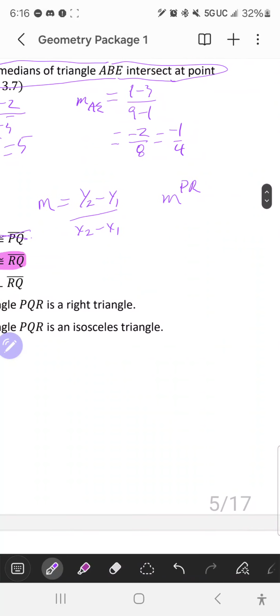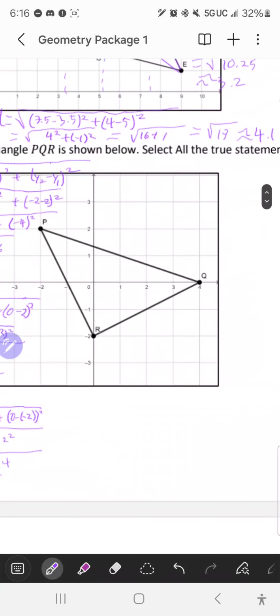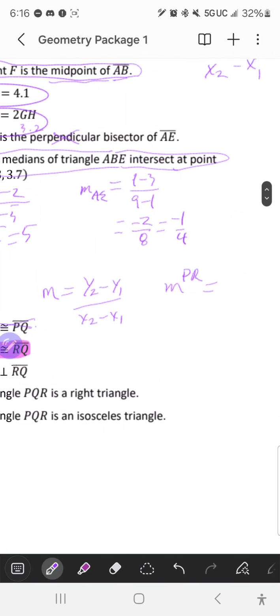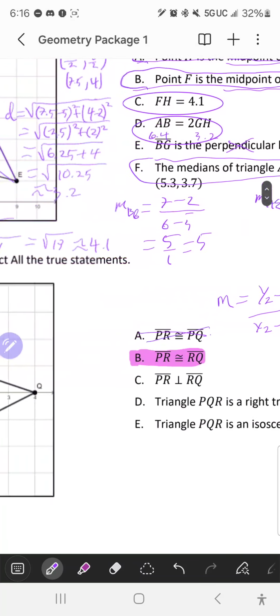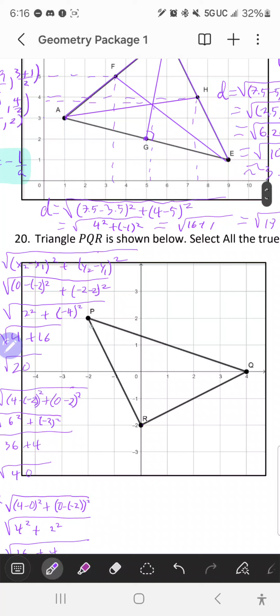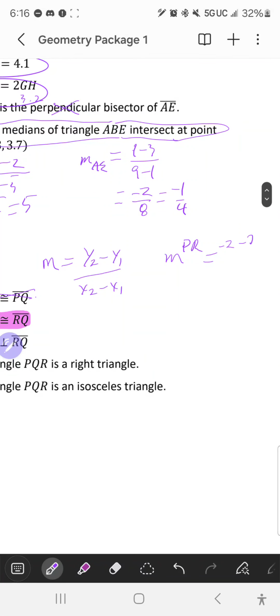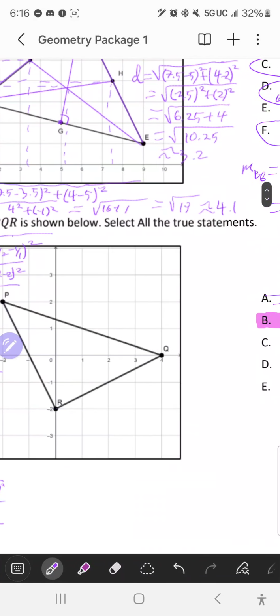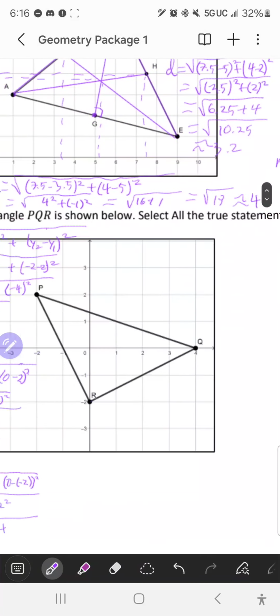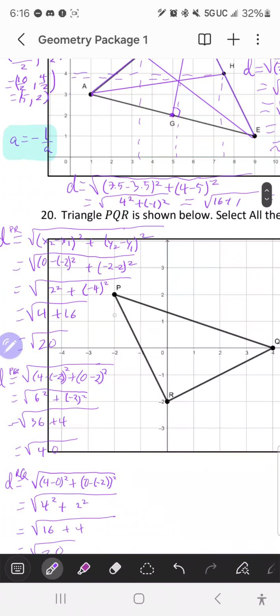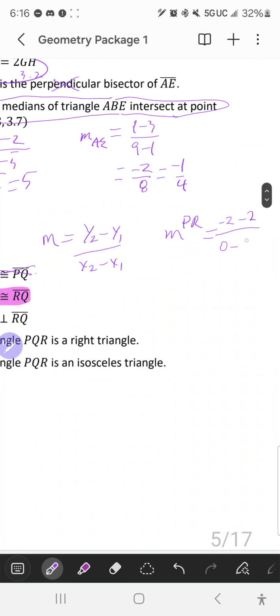So the slope for PR is going to be y2, this is negative 2, minus y1, this is 2, over x2, this is 0, minus negative 2. So minus negative 2 is going to be equal to negative 2 minus 2.